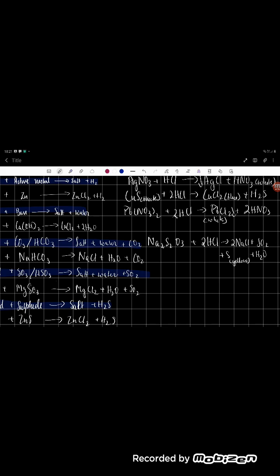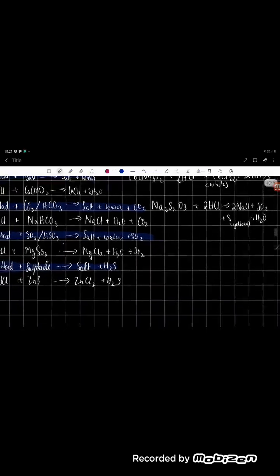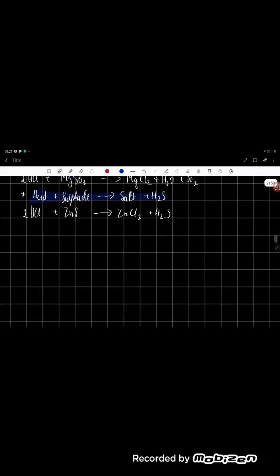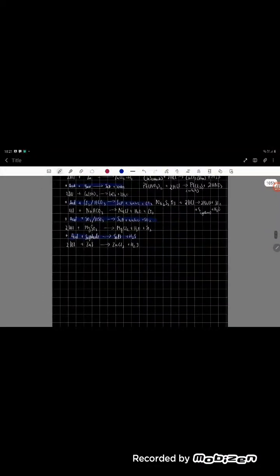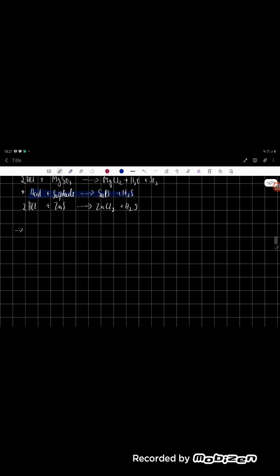Now moving ahead, there is the second property, which is its oxidizing property. First we learned about the acidic property. Now we talk about the oxidizing property of HCl.